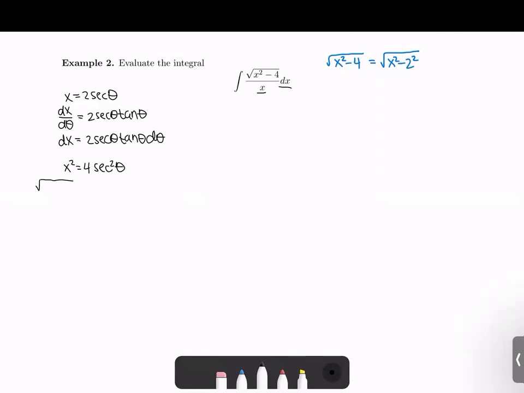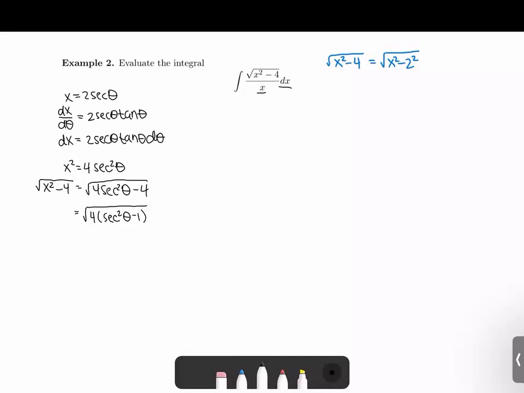Now I'm going to rewrite the square root of x squared minus 4. This is going to simplify just like it did in the first video, but I'm going to walk through the process again. In the terms inside my square root, I can factor out a 4, and then I'm left with secant squared minus 1.